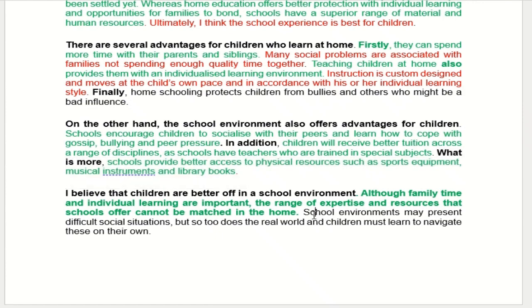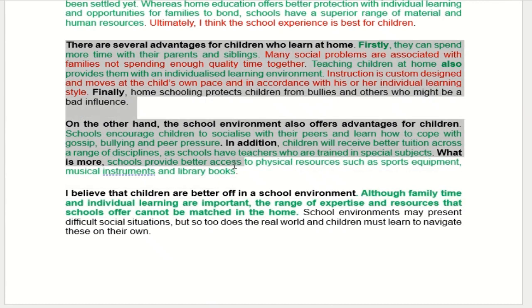So you see here that has been represented as resources that schools offer cannot be matched in the home. This is just one way of summarizing the point made inside body paragraph 2. So this text in green is a summary of the 2 body paragraphs. This is what you should always do in your conclusion.